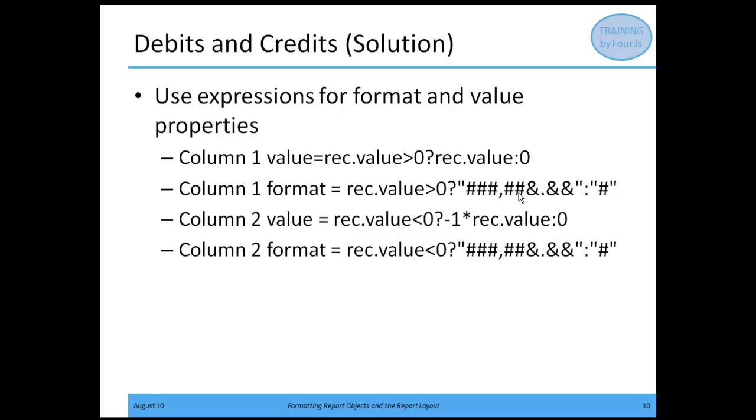And if it gets a larger number that takes up more than one space to the left of the decimal, the hash sign says print as many numbers as you need. However, otherwise, if the value is not greater than 0 in the credit column, I'm going to use the hash, and the hash is saying unless there's a value there, don't print it. So the fact that it's 0 means that this will not print out, so the column will be blank.